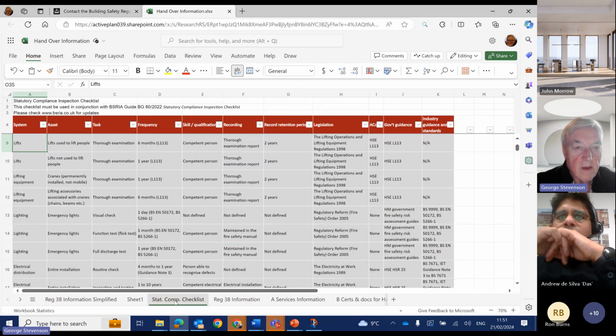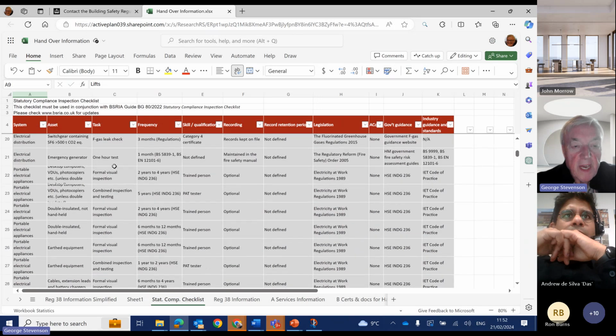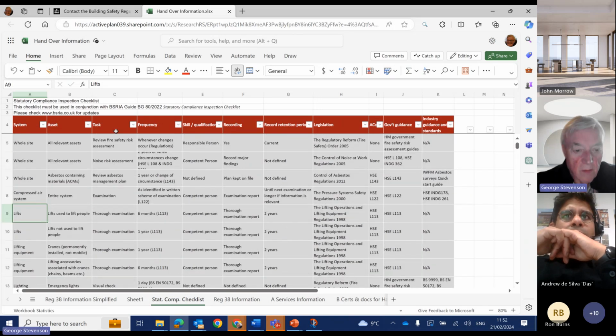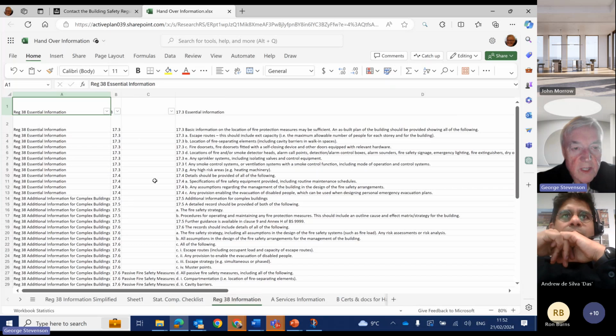But here, what we're doing is integrating this with what's coming through from BISRIA, which is the statutory compliance checklist, largely for M&E, obviously, because that's what BISRIA is about. And we've also tried to tie it back to the clauses in the Act, so that we can identify what is essential information and what isn't.